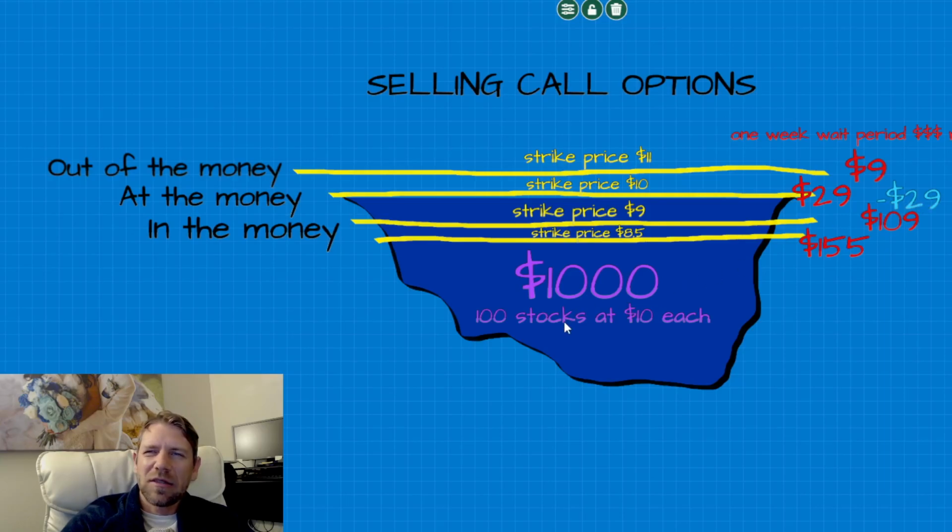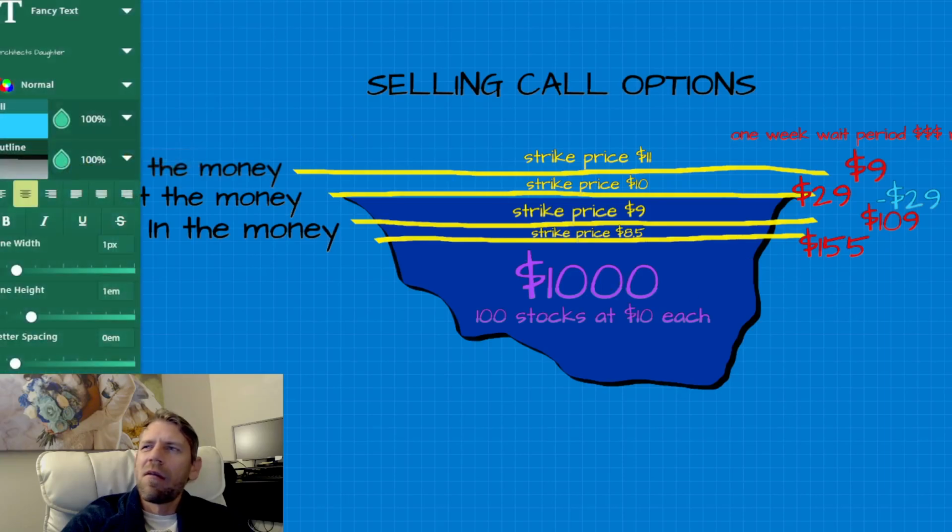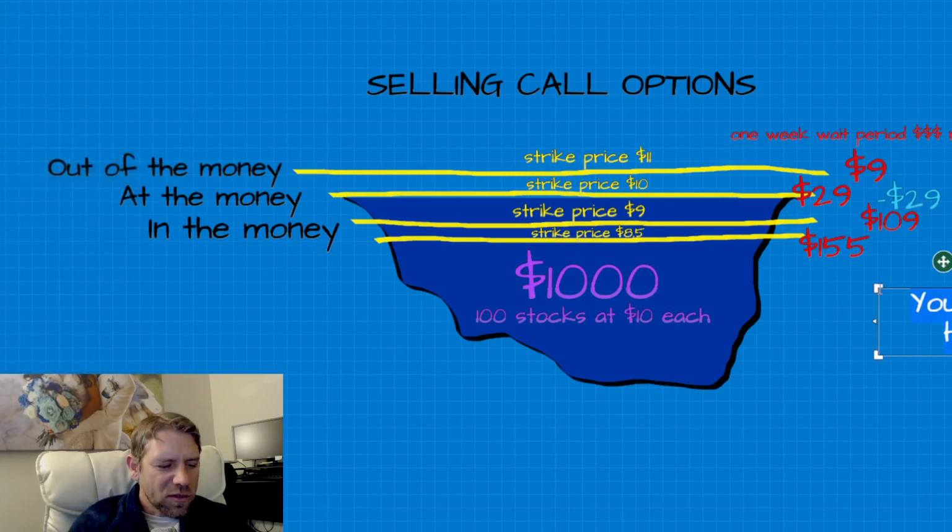However, my stocks are worth less now, right? So let's say the stocks go down to $900. But I have the $29 that I've collected from the premium.